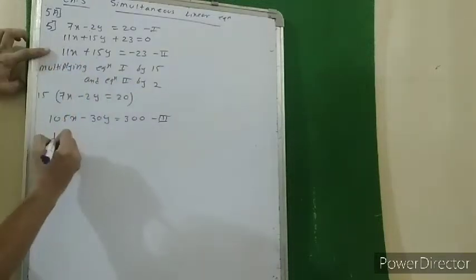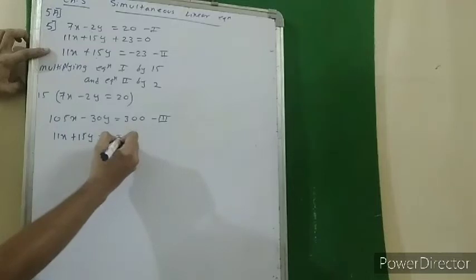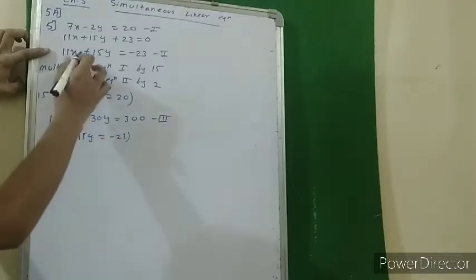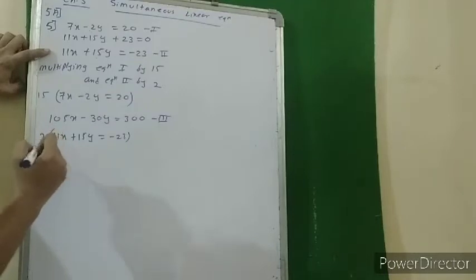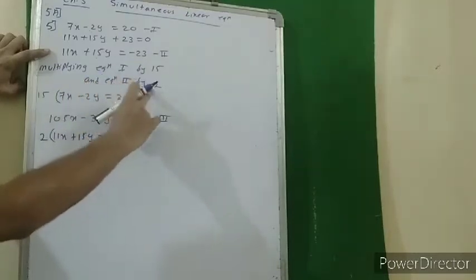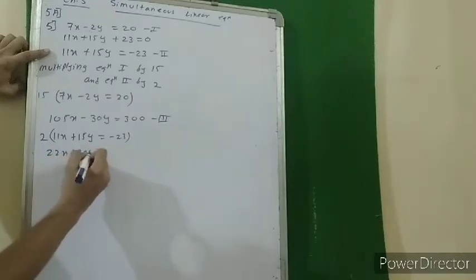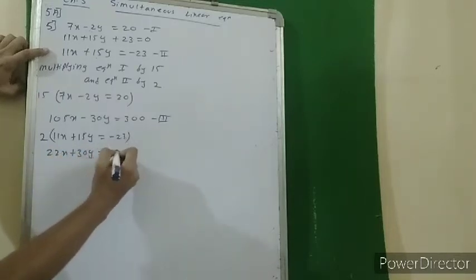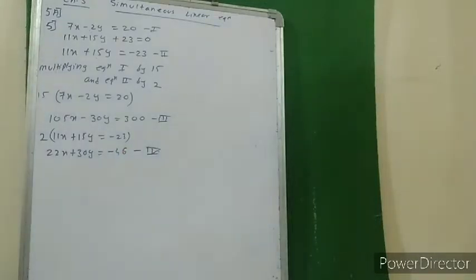Multiplying equation 2. What is equation number 2? 11x plus 15y is equal to minus 23, and I will multiply this equation by 2. So it is 22x plus 30y, and 23 2s is 46. This is the new equation, the fourth one.